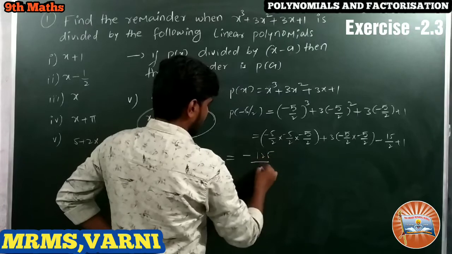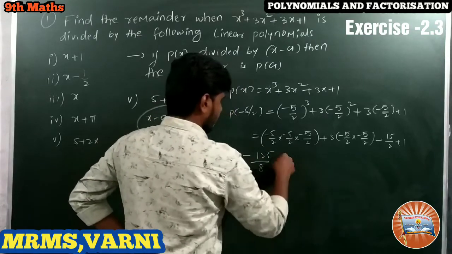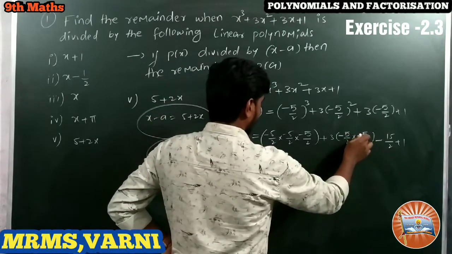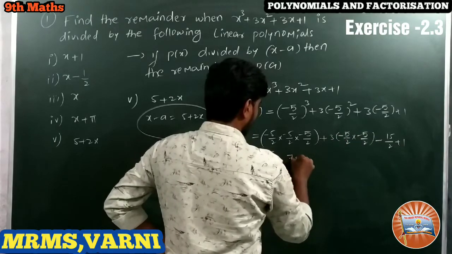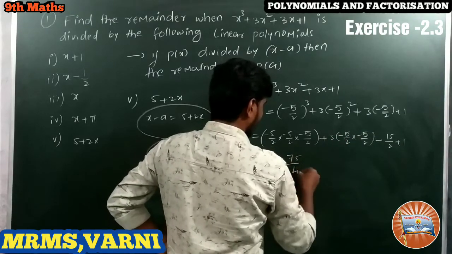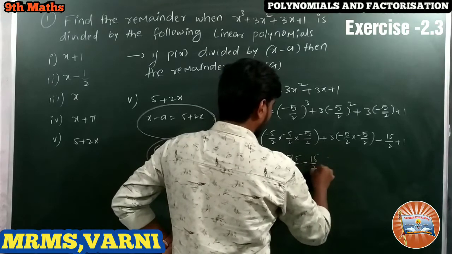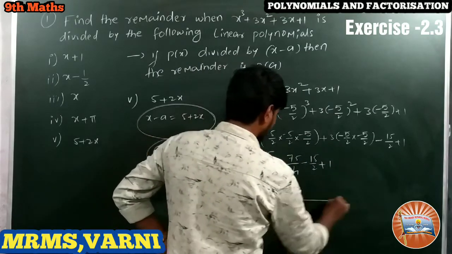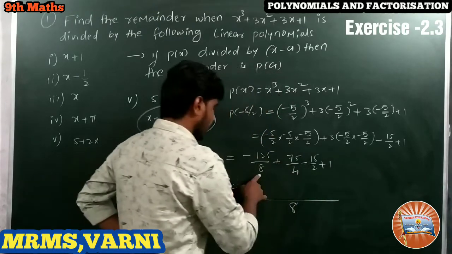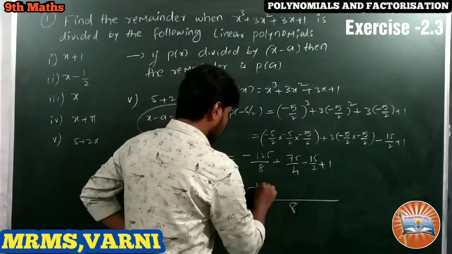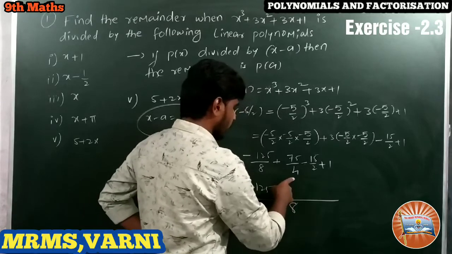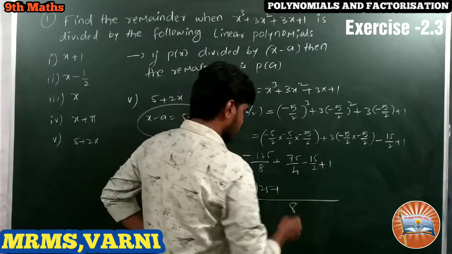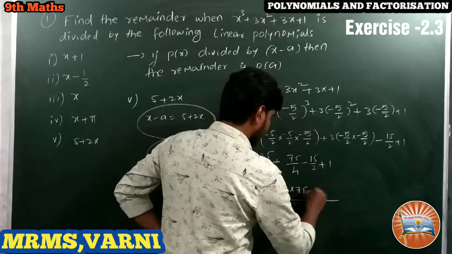So minus 125 by 8 plus 75 by 4 minus 15 by 2 plus 1. The LCM is 8. In the 8 table, 8 comes one time, so 125. Plus in the 4 table, 8 comes 2 times, so 2 into 75.